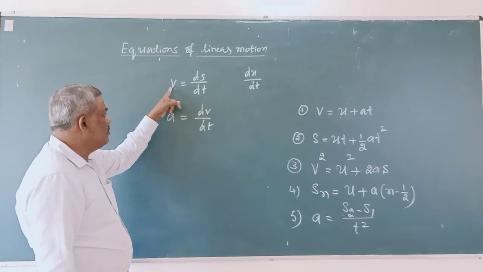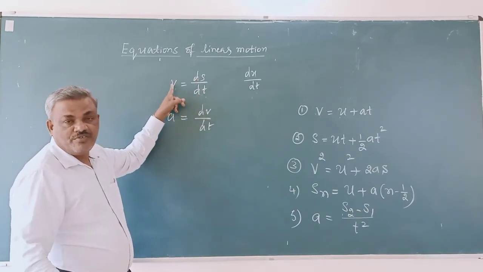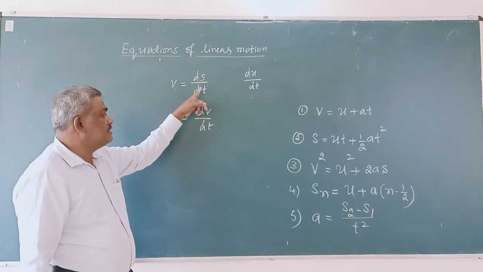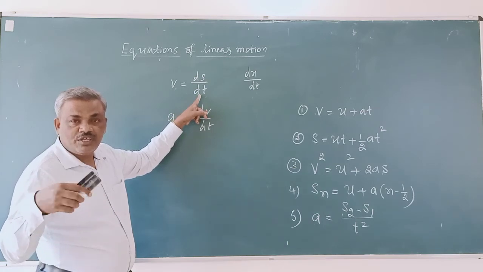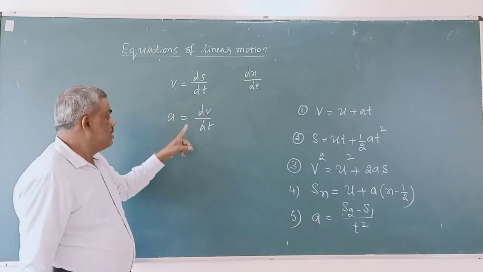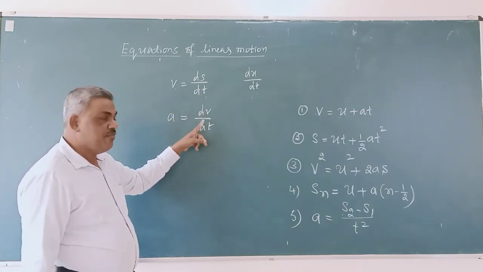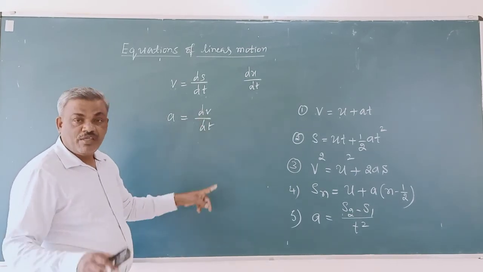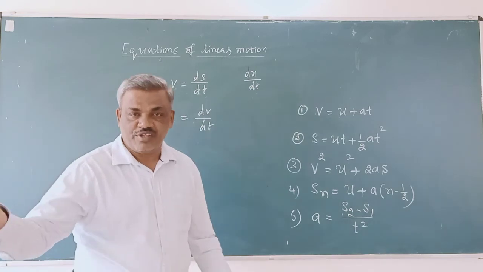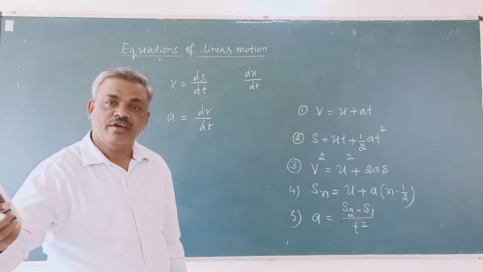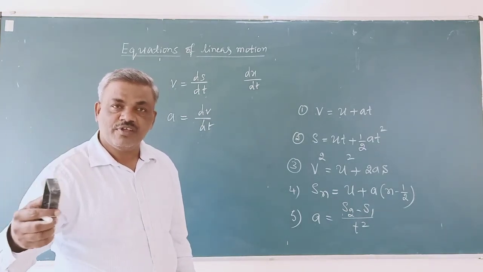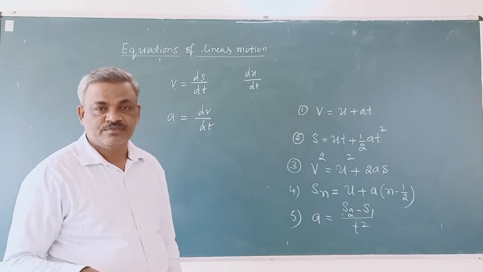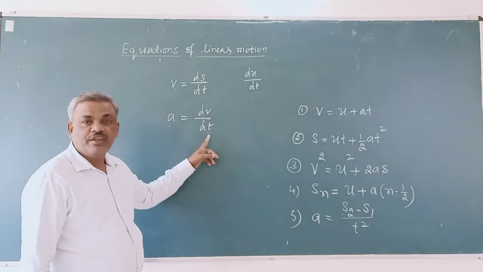So v equals ds by dt, where v is velocity, and acceleration a equals dv by dt, where a is acceleration. For example, for a vehicle, how much does the velocity change per 1 second? This is a equals dv by dt.